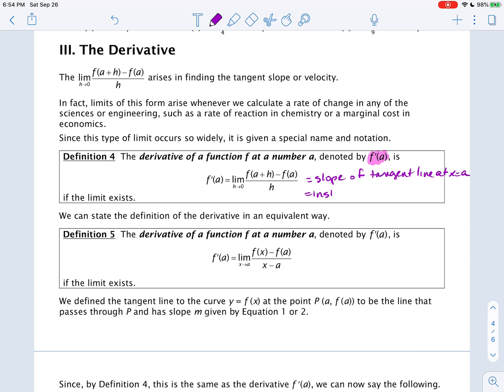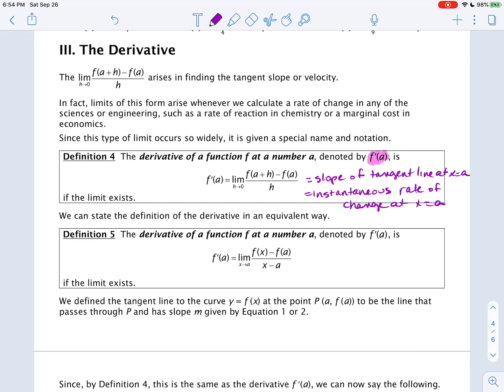It's going to be the instantaneous rate of change at x equal to a.